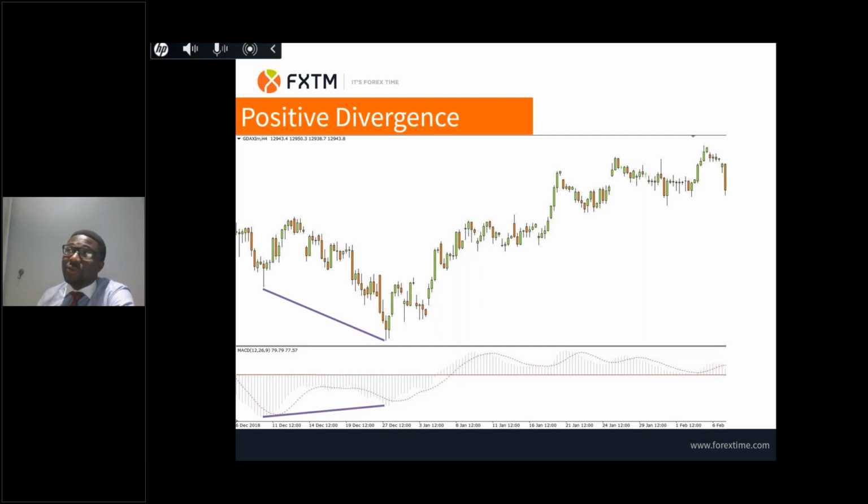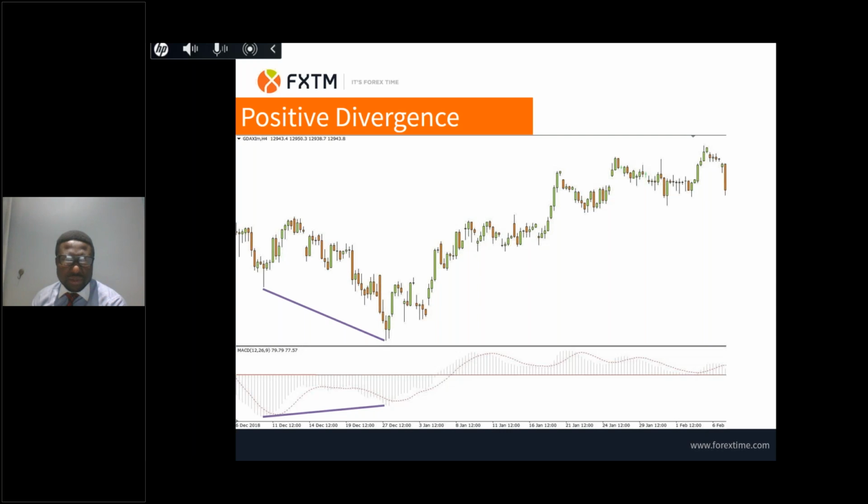Some people call this convergence, as it were, but we refer to it as positive divergence because price is about to rise. Price will go up. Potentially, there should be some other things to check to have price rising.